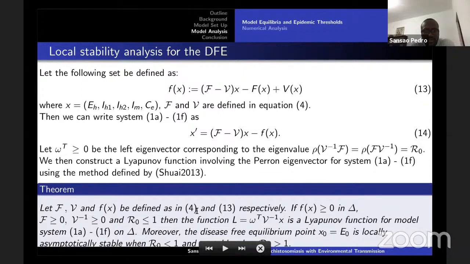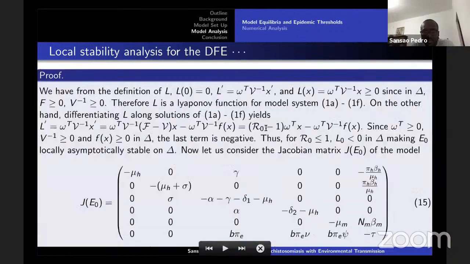And the idea is to show that the derivative of this Lyapunov function will be non-positive or will be negative. For this term, we know we're looking for this vector which is positive, this is positive as well, so this part will be negative. So we see that this one will be negative when R naught is less than 1.